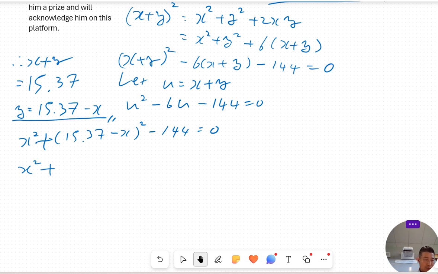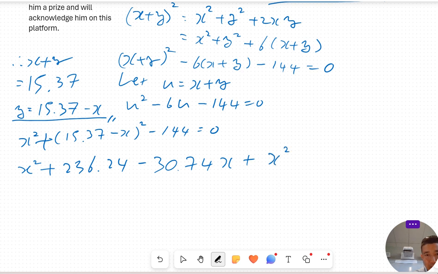So it should be 15.37 squared, which is 236.24, minus 15.37 times 2, 30.74x, plus x squared, minus 144 equals 0.